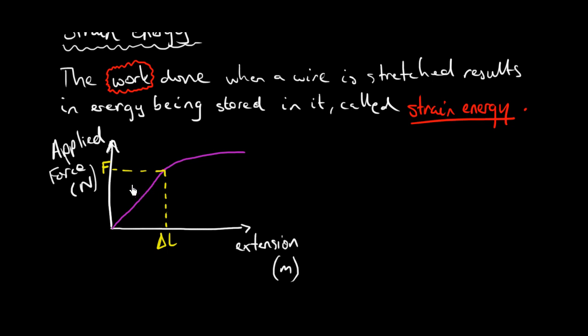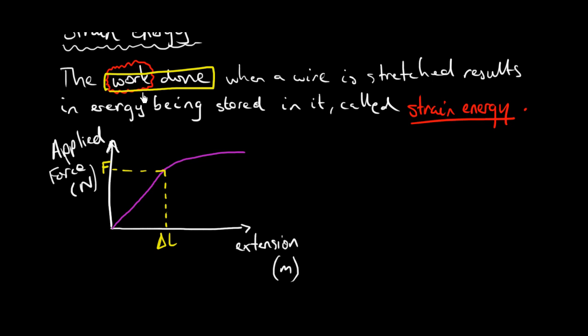So what's happening here? We're applying a force over a distance delta L, and we just said that the work done was really calculated by multiplying the force times the stretch, the distance through which the force acts, right? So the work done then should be F times delta L, right?